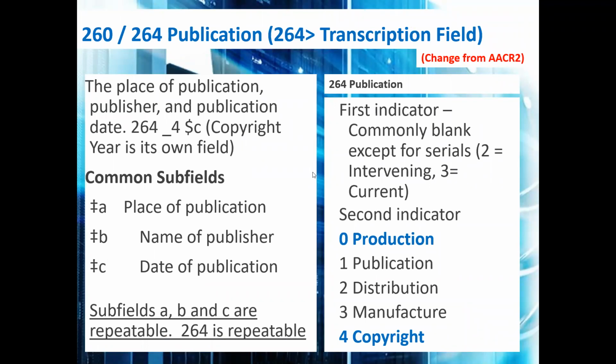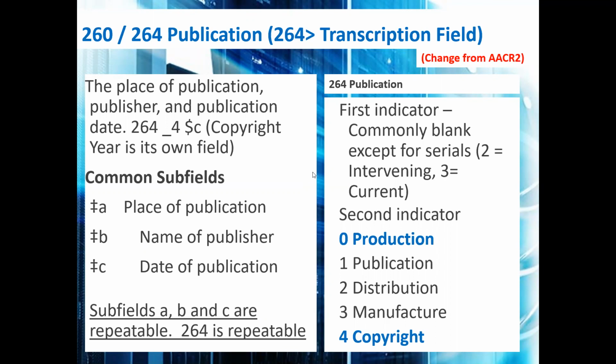260 is now moving to a 264. You'll see a lot more 264s on records these days. We now can break this out into production, publication, distribution, manufacture, and copyright. If you are looking to flip your 260s into something else, you just want to convert them so you have a 264, you could use production.